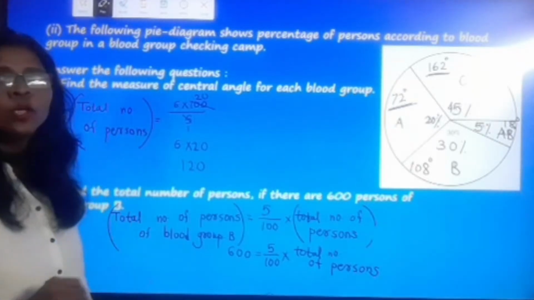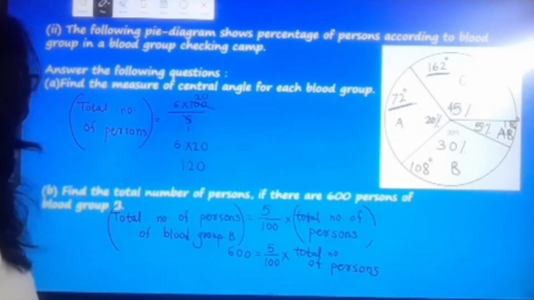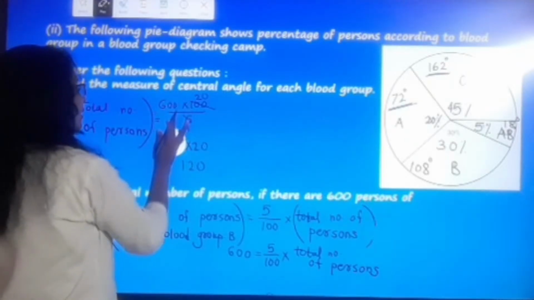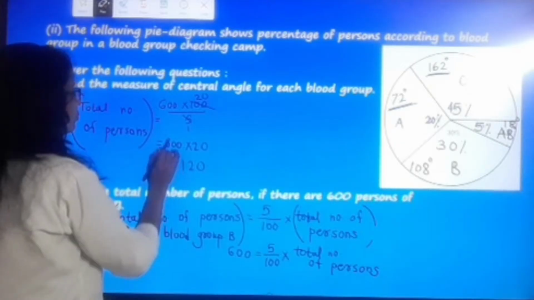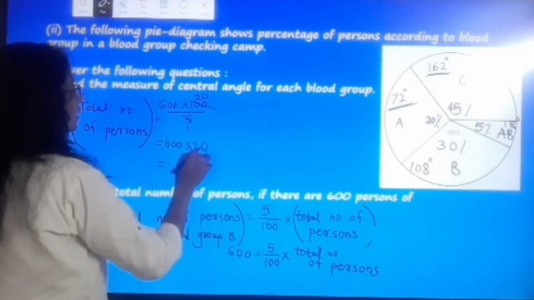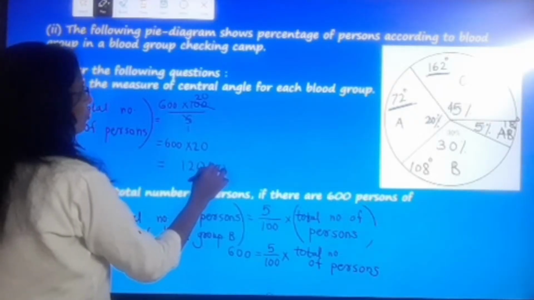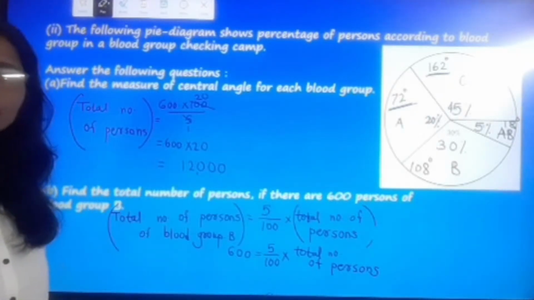That will be the total number of persons. Okay. Now here, students, 600, sorry, yeah, students, 600 here. So that means 600 multiplied, so 12,000. So total number of persons is 12,000.